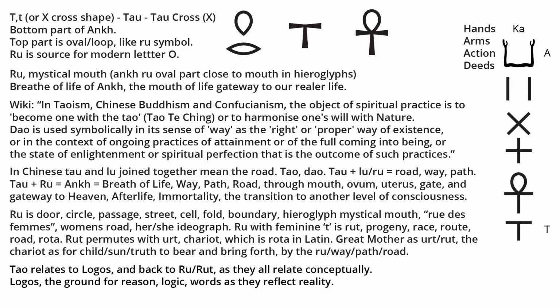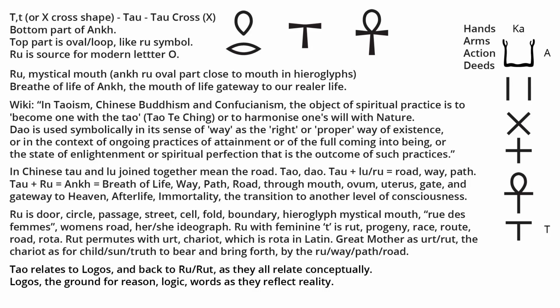The practices that are proper, coming into being, a fuller being, an enlightened being, a spiritual being, a more moral being, a truer being, a higher being, a realer being, a more authentic being. That's what all my work has been talking about. So Dao and Tao is all about that. It means road and path. And in Chinese, when you take Tao and you take Lu and you join together, it means road as well.